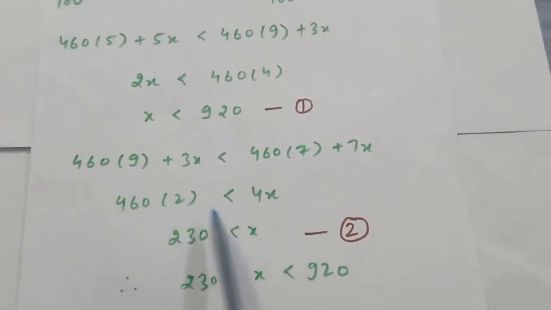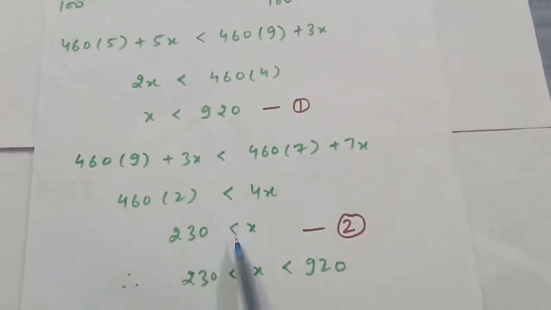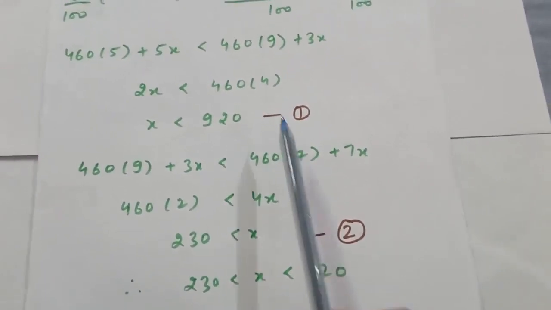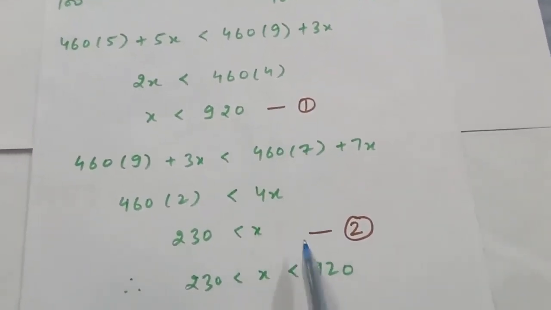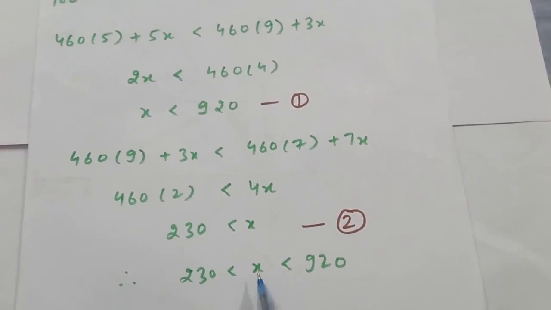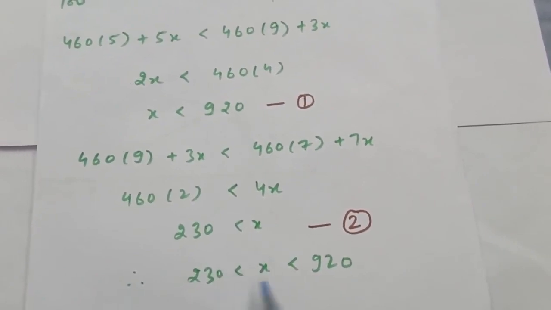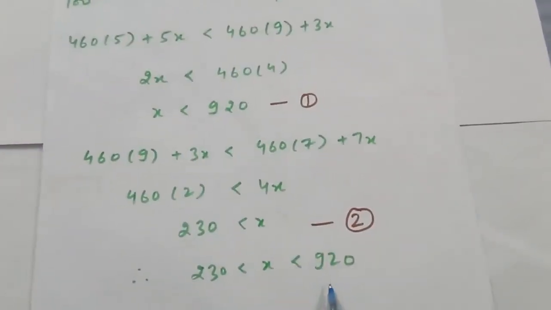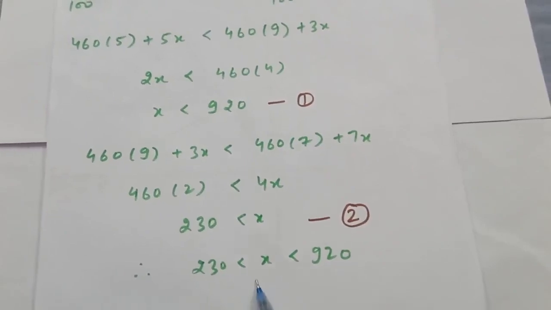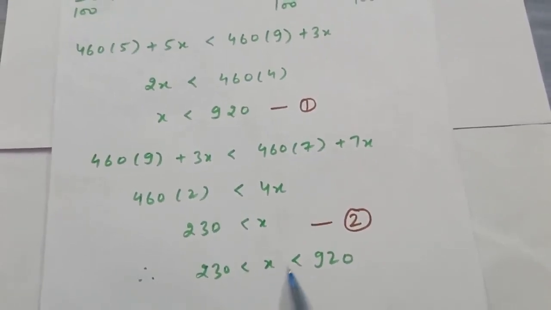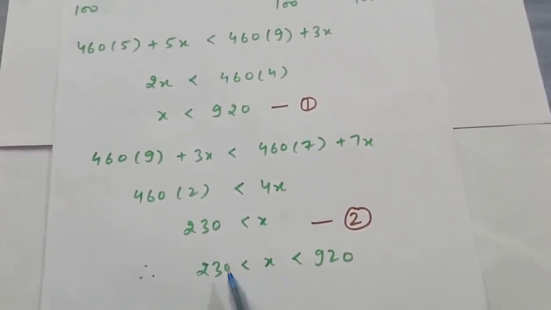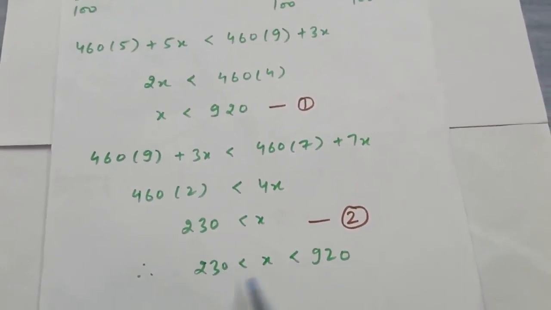Dividing both the sides by 4, you will get 230 < x. So from first and second, we can tell the range of x: x is greater than 230 and less than 920. So the amount of 3% solution to be added lies in this range.